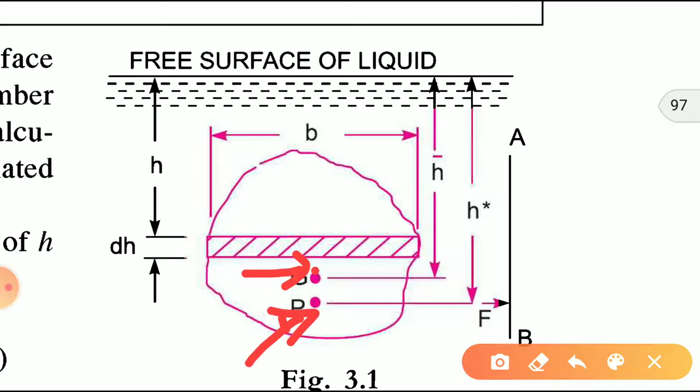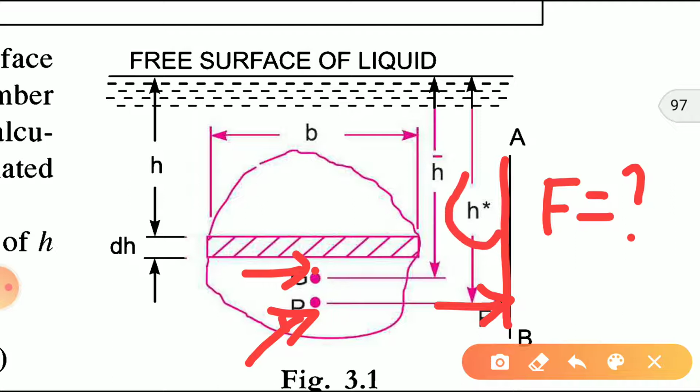We need to find the expression for the force F acting on this vertical surface, its magnitude, as well as its location, meaning at what distance from the free surface of the liquid it will act, which is shown by S star. So we also need to find S star.